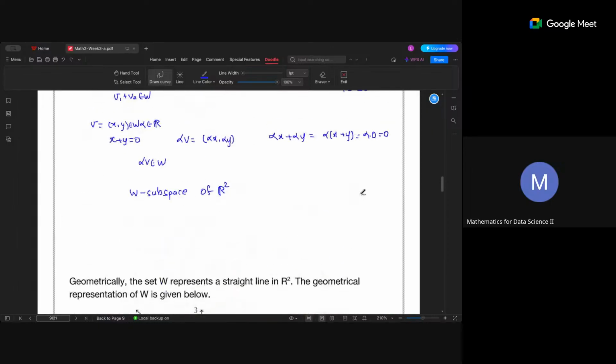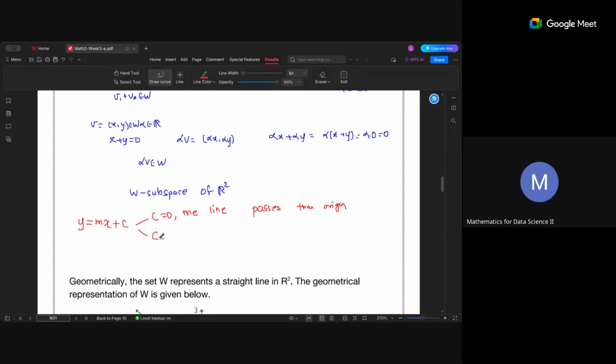So what do you know about a line passing through the origin? First, what is the equation of a line in general? y equal to mx plus c. If c is equal to 0, then y equal to mx, and the line passes through the origin.